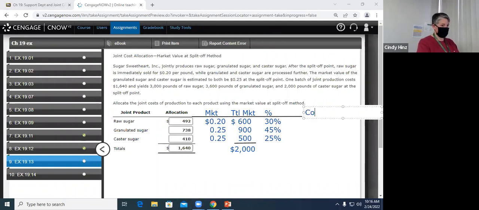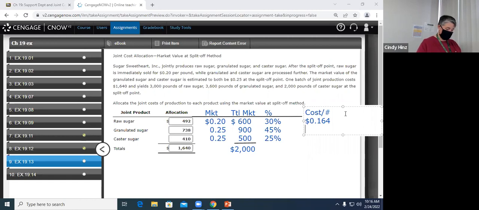So the cost per pound: $492 for the raw sugar, and that's for 3,000 pounds, ends up being 16.4 cents per pound. We can sell it for 20 cents per pound. So the gross margin on that product is about 3.5 cents per pound.